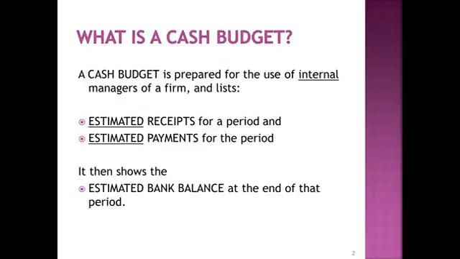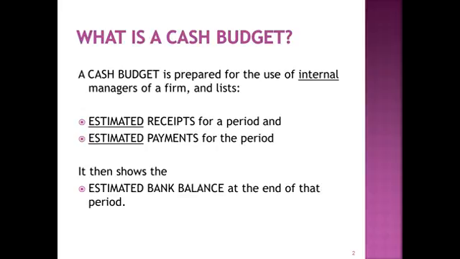A cash budget is prepared for the use of internal managers of the firm, and it lists the estimated receipts for a period and the estimated payments for a period. It then shows the estimated bank balance at the end of that period. So we work out what we think we're going to receive in cash, and the estimated payments that are going to go out.